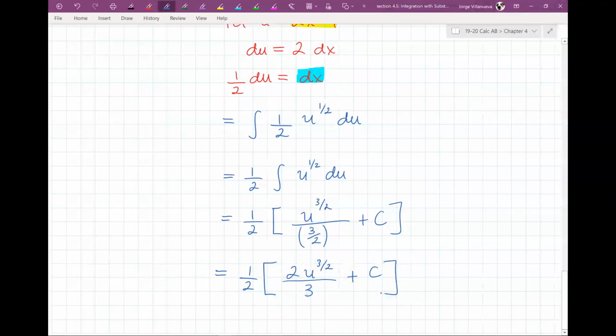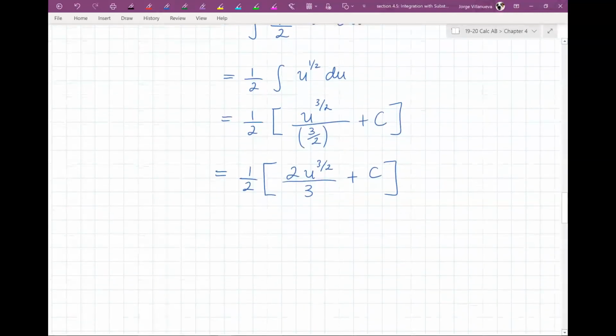Because remember, you don't divide by fractions, you multiply by their reciprocals, right? So that means u to the 3 halves times 2/3. Now let me go ahead and distribute that half. You'll notice there'll be some cancellation that occurs. So this ends up as u to the 3 halves over 3 plus c.